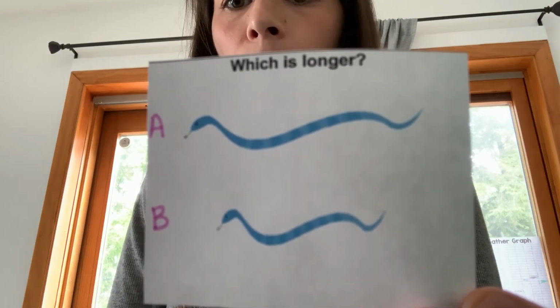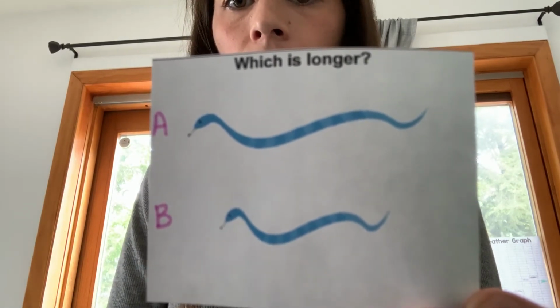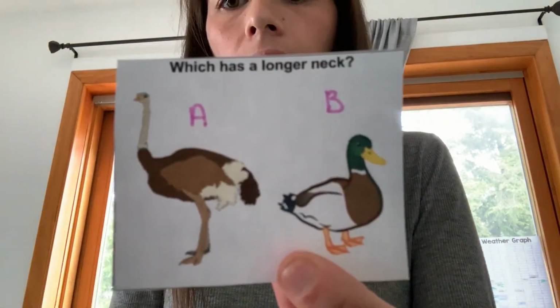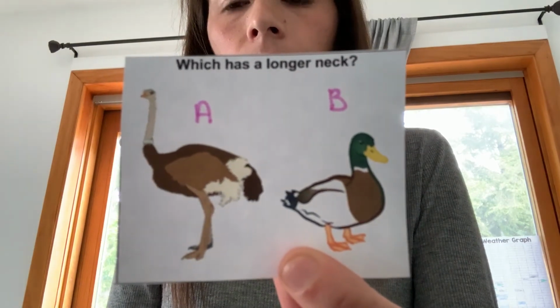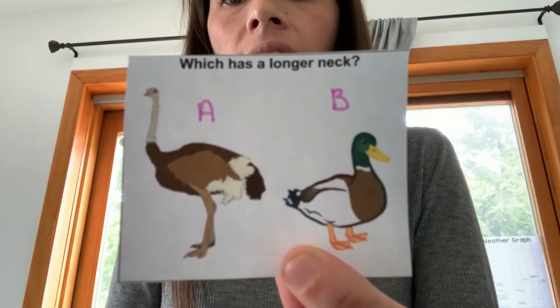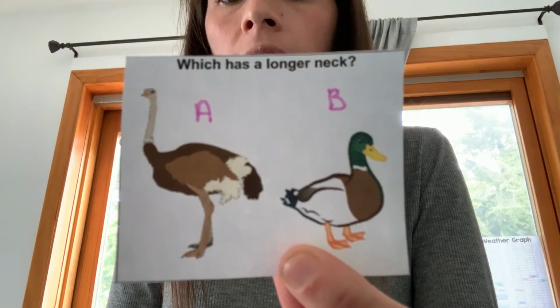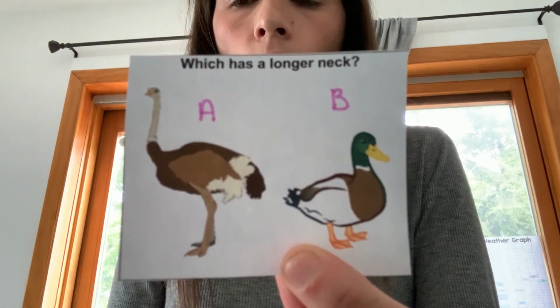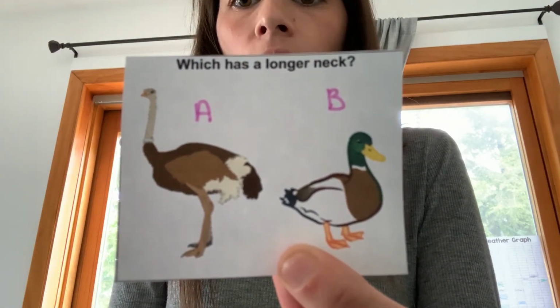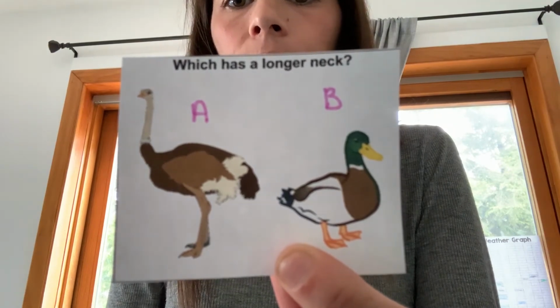A is longer than B. Which has a longer neck? I can say, the ostrich has a longer neck than the duck. Or, A has a longer neck than B.